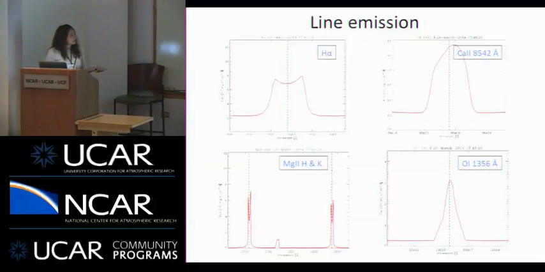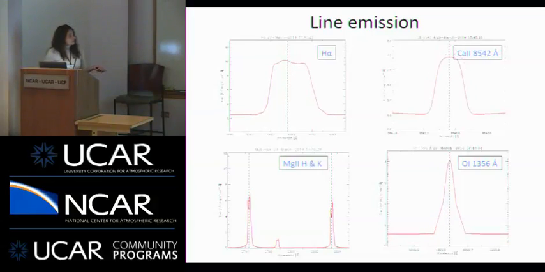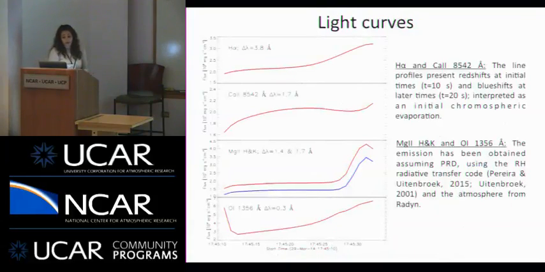So what we did is to integrate the intensity along the line profile. And this is how the light curve changes. And it surprised me, first of all, for example, oxygen: you can see at very initial times it decreases and then it increases again, which is different behavior than for the rest of the three lines I'm showing here.